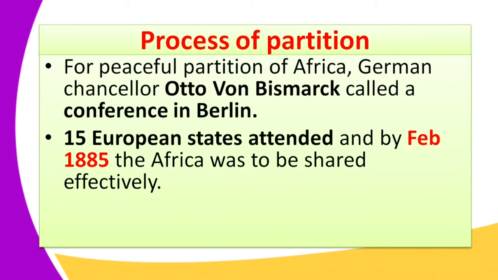And for the peaceful partitioning of Africa, the first German Chancellor, known as Otto von Bismarck, convened a conference in Berlin, that is in Germany. At this conference, 15 European states, or rather nations, attended, and by February 1885, Africa was to be shared effectively by the terms that we shall deal with.